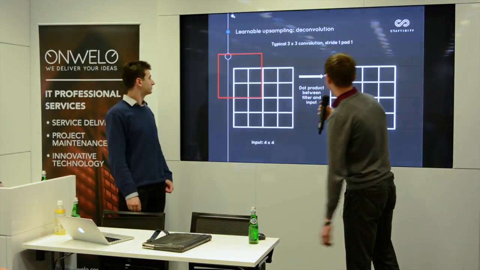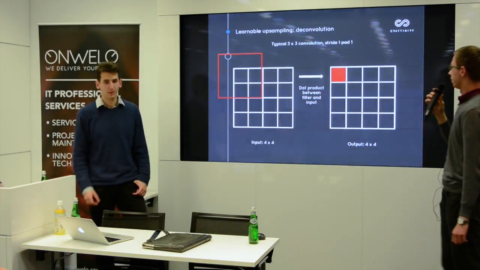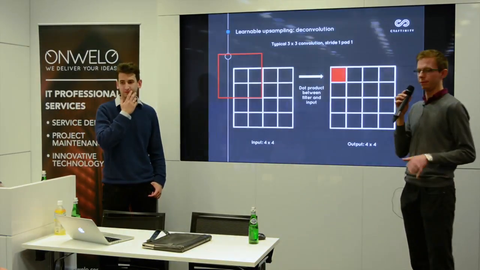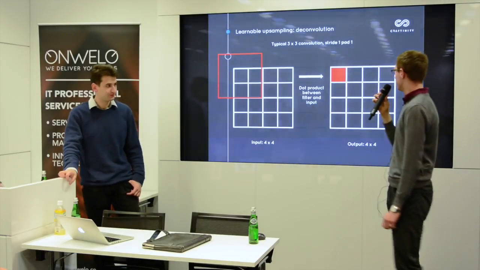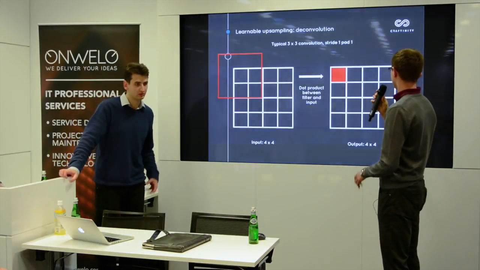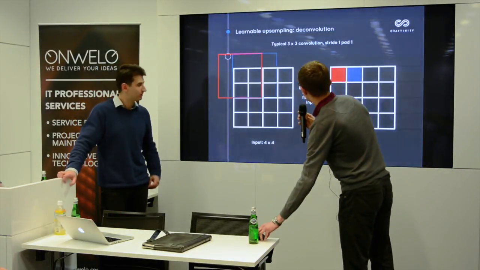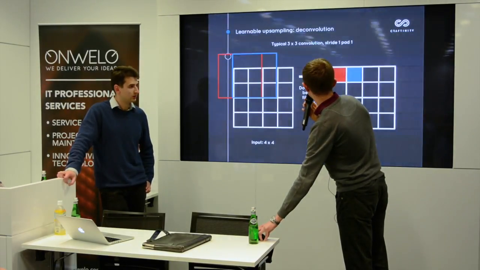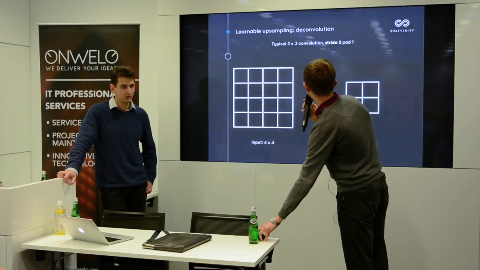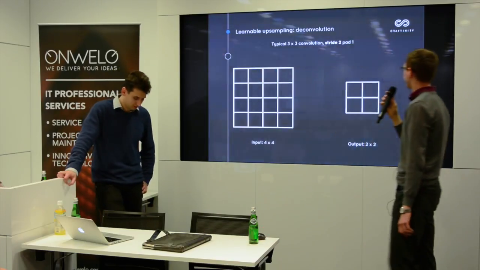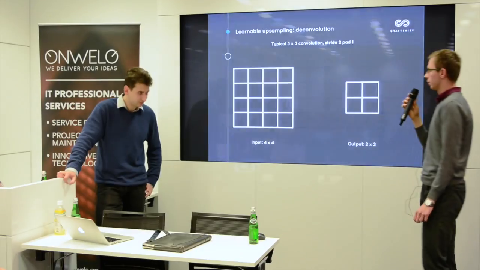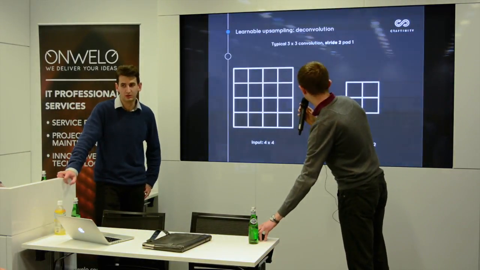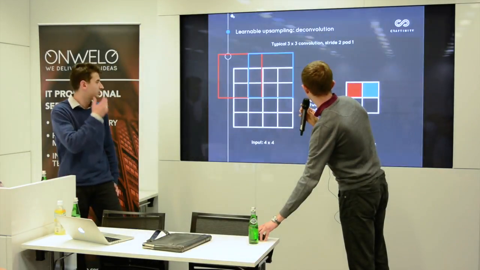So it works like we have some filter, we are going with a sliding window through the input image, and we are doing just a dot product of the filter and the image, and we put the result into the output, and it's just the next blue one, and we get the second score. In the case of stride 2, we go with the sliding window with a step of 2, so we are decreasing the size of the output this way.